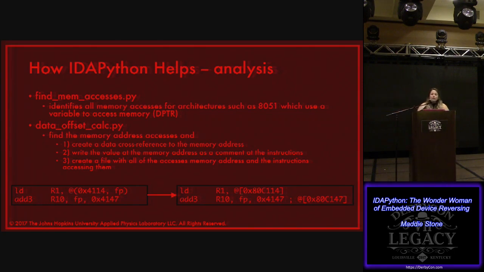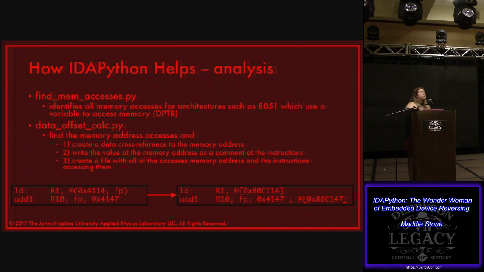So what this script will do for you is it goes through and looks for that regular expression, which here I defined as an offset memory access using the frame pointer, or the add3 instruction using the frame pointer. And it's going to first find all of those places for you.